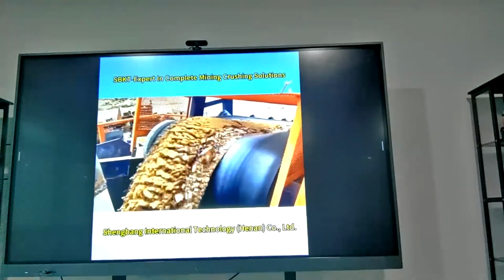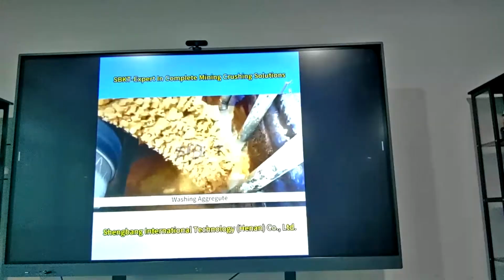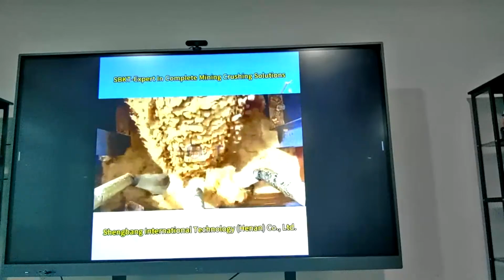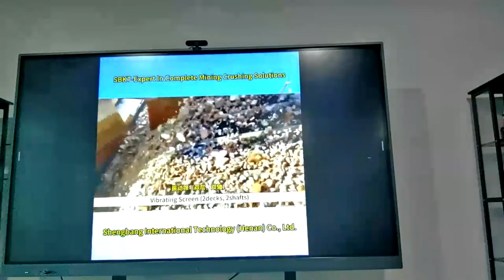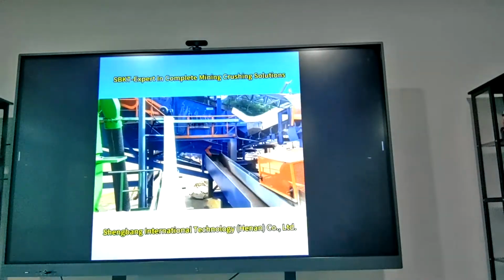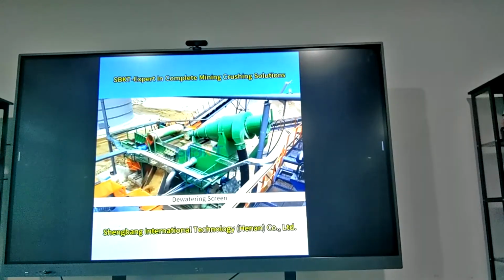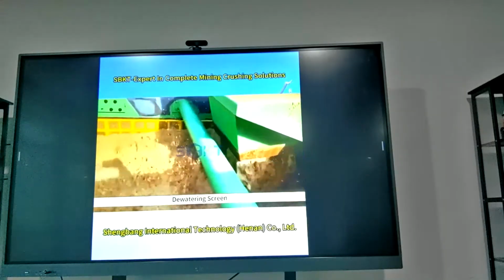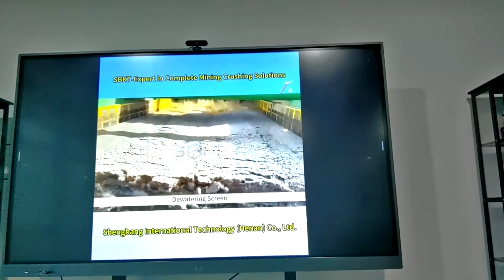So always the sand washing machine washes the aggregates, and the dewatering screen, and also the fine sand recycling machine.